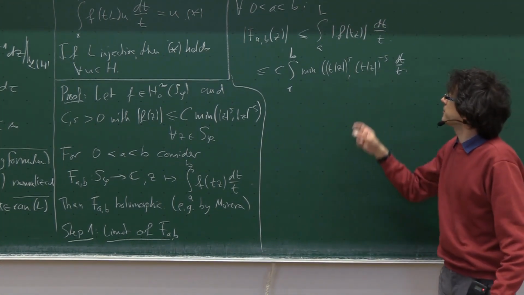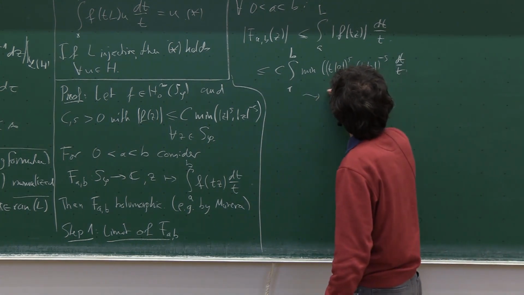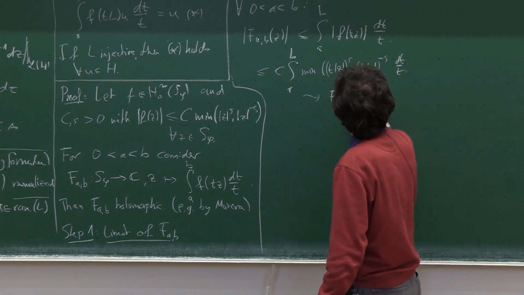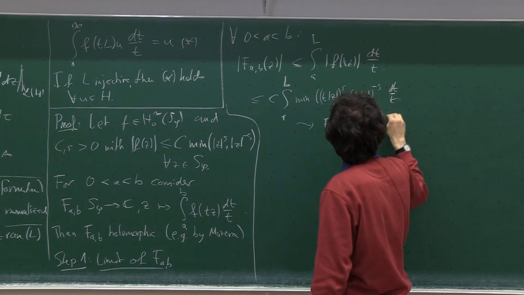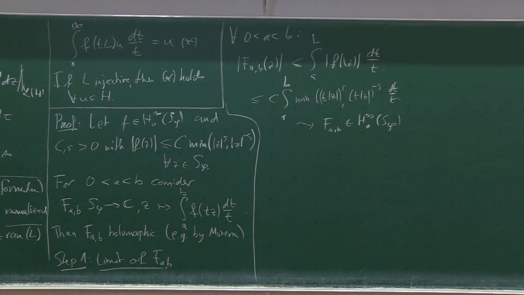As soon as you have achieved this, this already gives you that F a b is again a regularly decaying function. Why? Look at what happens if you let z go to 0 or z go to infinity.